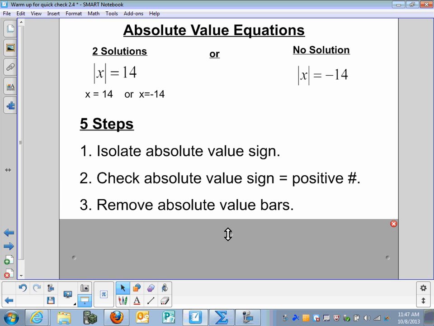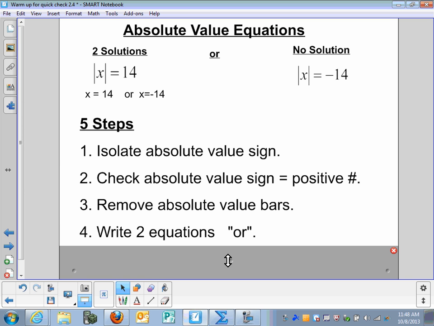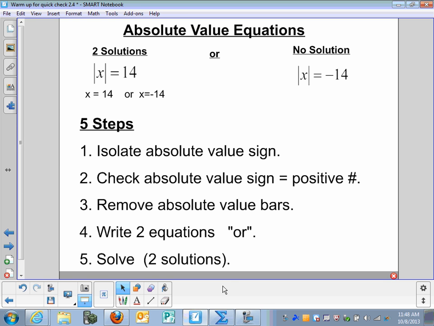Step 3, we're going to remove the absolute value bars. Step 4, we're going to write two equations with the word or. Step 5, we're going to solve, and we're going to have two solutions.